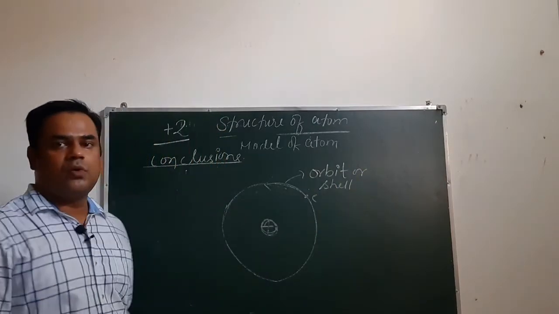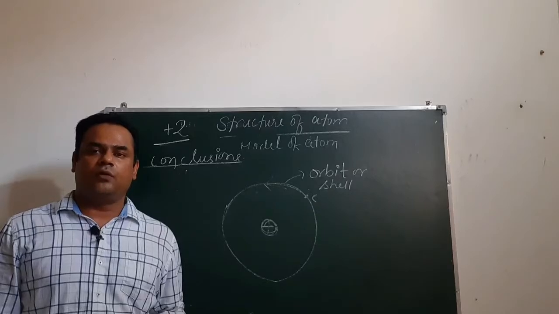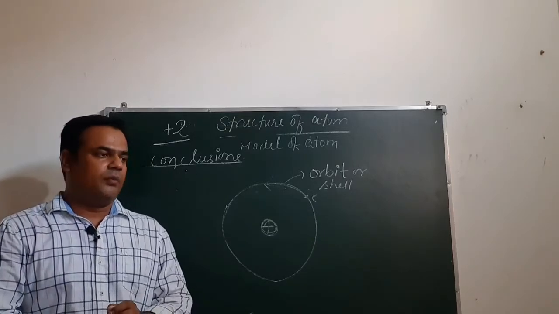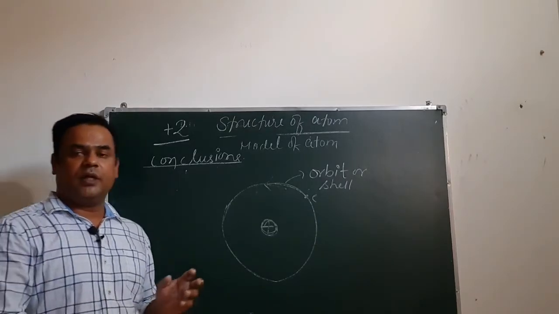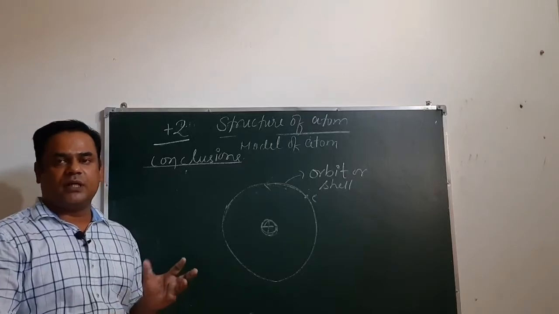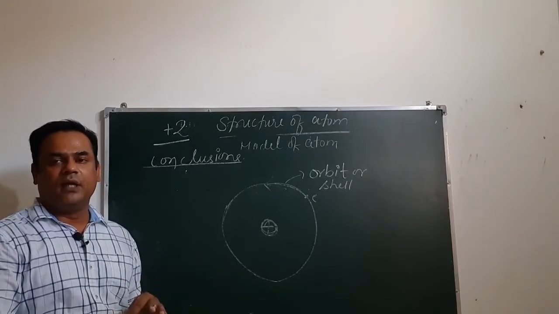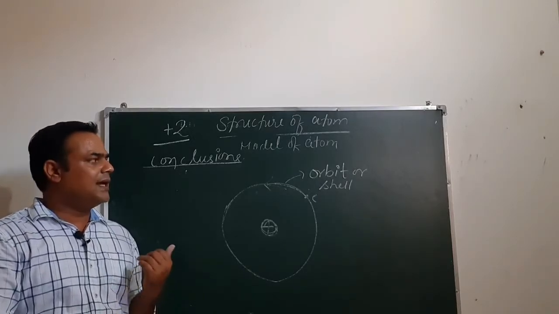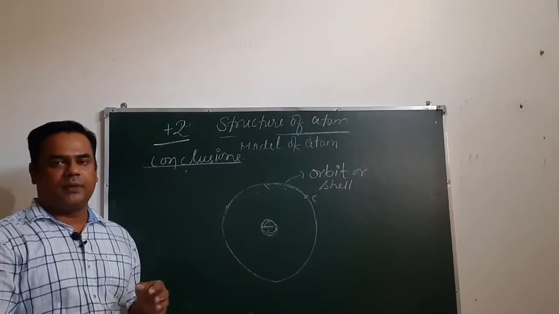So when the Rutherford model came, the Thomson model was automatically rejected, because if there were a distribution of positive charge throughout the volume of the atom, in that case most of the alpha particles would deviate from their path.